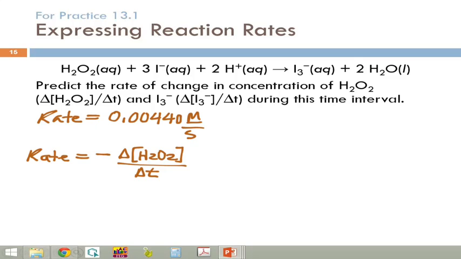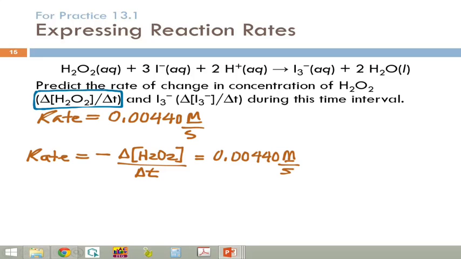So the rate of the reaction is the same, regardless of what we're looking at. So this is equal to 0.00440 molarity per second. What we're trying to find, though, is this. How is that different from this?